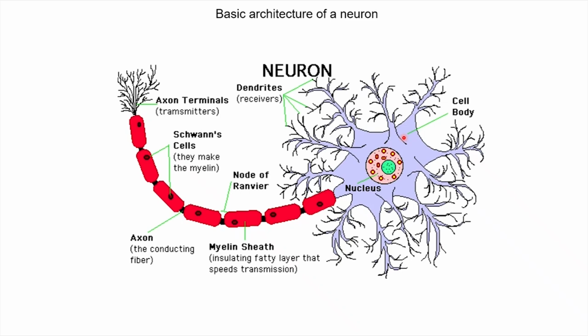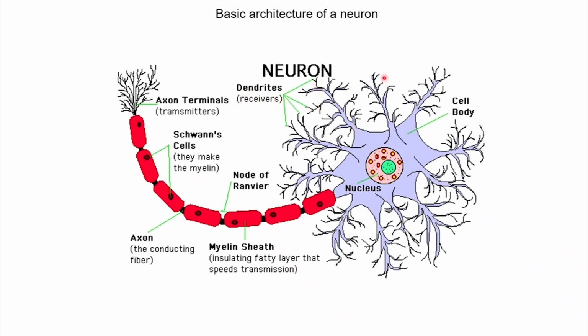The main defining feature of a neuron are the various branches that come out of the cell body. And we can see that there are two types of branches that come out. So these branches in blue here are called the dendrites.